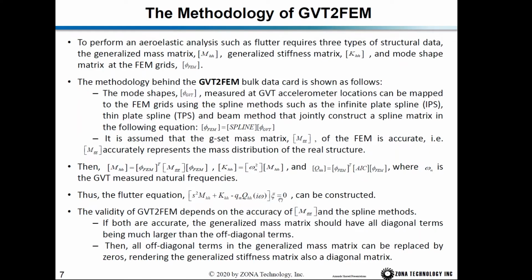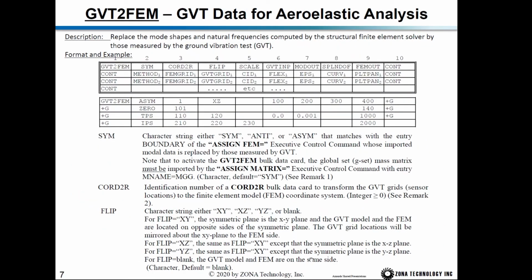So you can construct the Flutter equation, and the GVT to FEM depends on the accuracy of the MGG and the spline method. If both are accurate, the generalized mass matrix should have all diagonal terms being much larger than the off-diagonal terms. Then all the off-diagonal terms in the generalized mass matrix can be replaced by zeros, rendering the generalized stiffness matrix also a diagonal matrix.